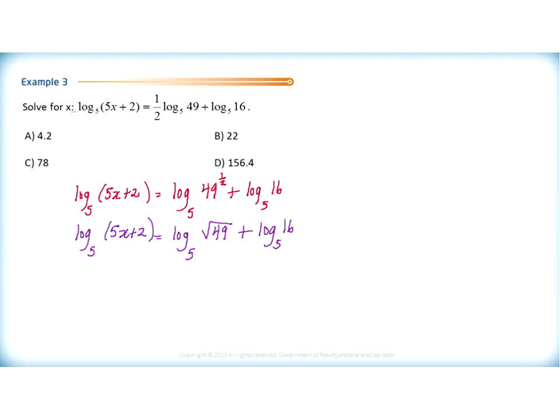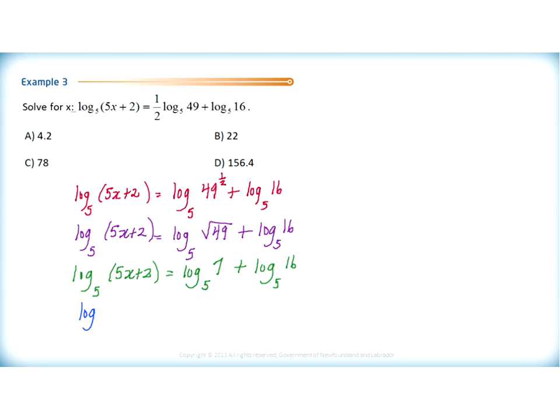So then we have the log of 5x plus 2 to the base of 5 is equal to the log of 7 to base 5 plus the log of 16 to base 5. When you look at this example, we see that we have the sum of 2 logs on the right-hand side of this equation.